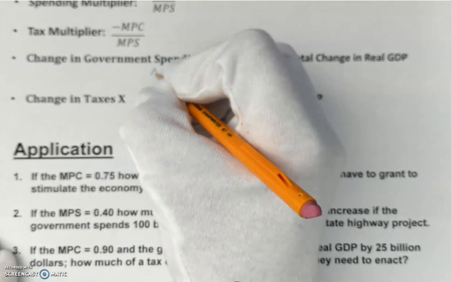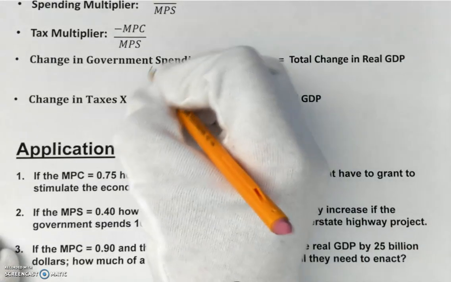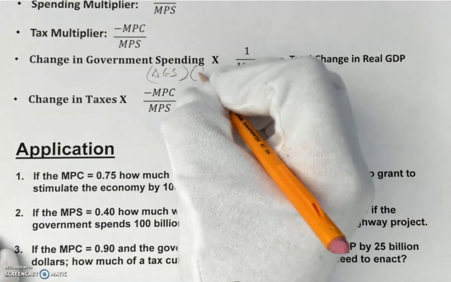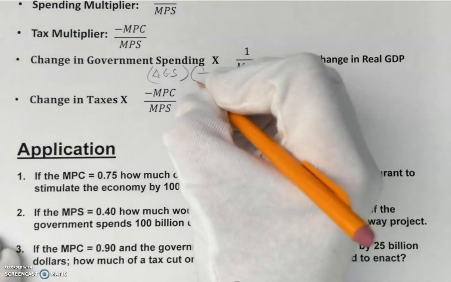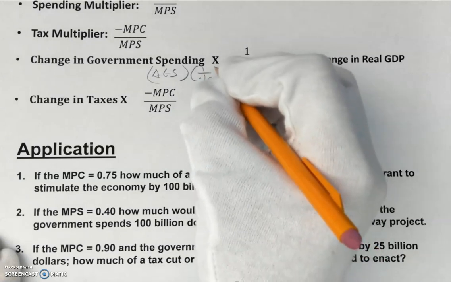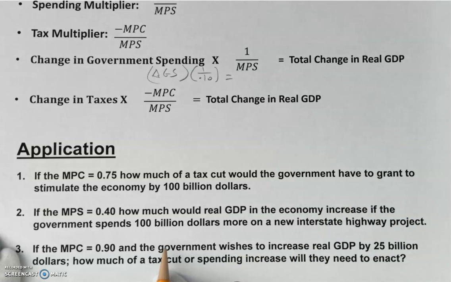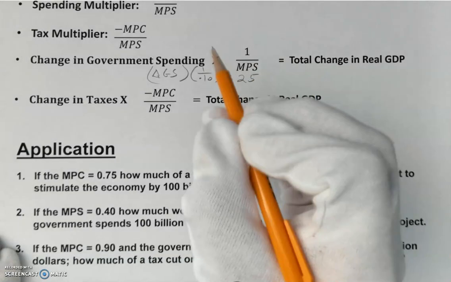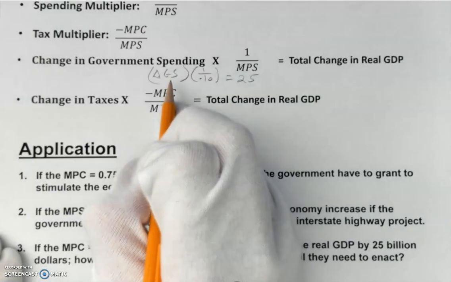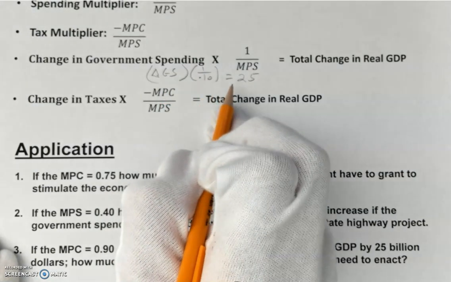So we'll put the change in government spending multiplied by 1 over, since the MPC is 0.9, the MPS is going to be 0.1. And we know that that's going to equal the change in real GDP, which it gives us is 25 billion. So we have the change in government spending multiplied by 1 over 0.1 should equal 25.